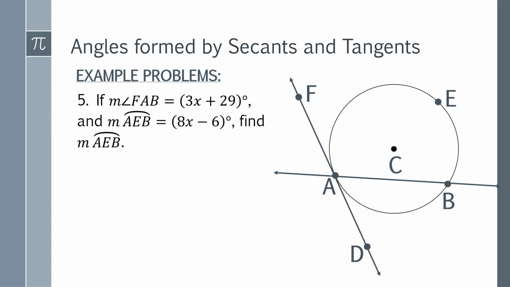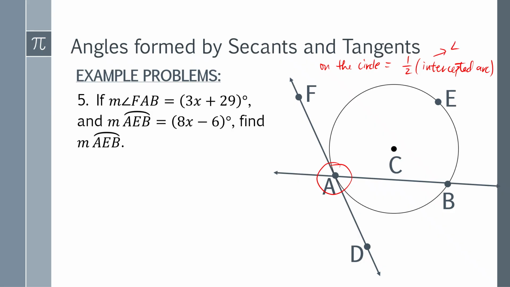Since the intersection of these two lines is on the circle, you have to get only half of the intercepted arc to get the angle.